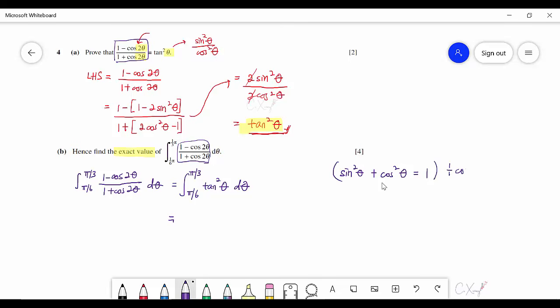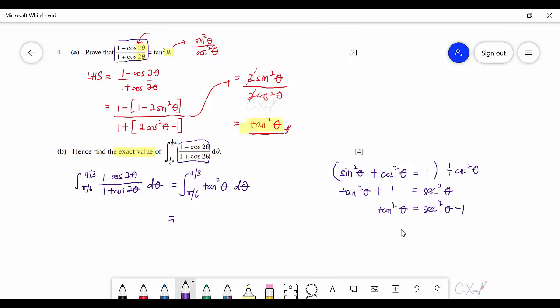Sine square divided by cos square gives tangent square. Cos square divided by cos square equals 1. 1 divided by cos square gives secant square theta. Therefore, tangent square theta can be rephrased as secant square theta minus 1.